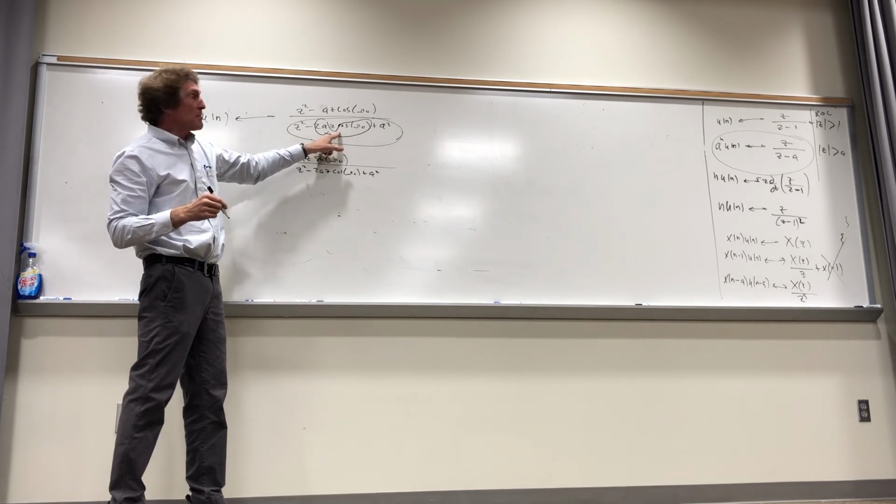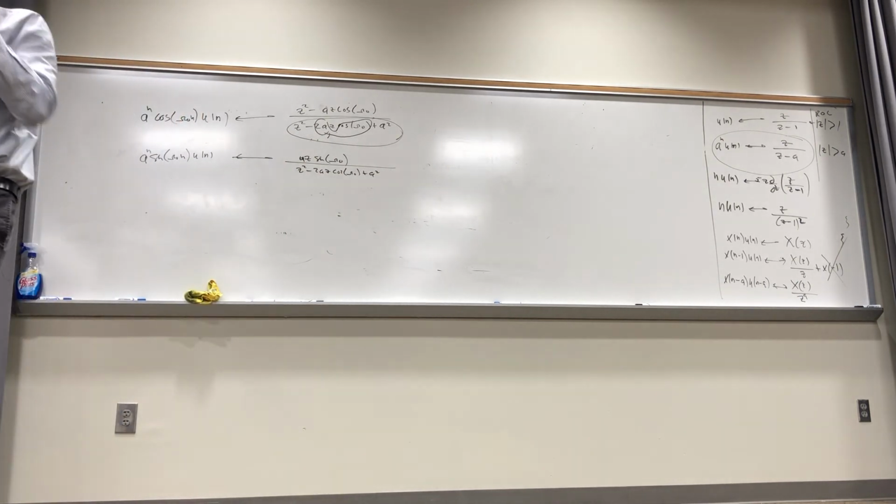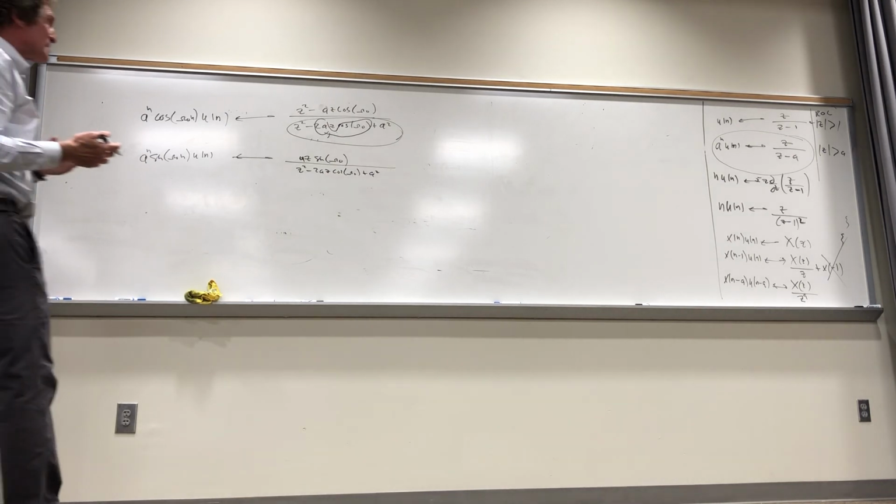Understand? That means cosine of omega naught is 0, and that means omega naught is pi over 2. Yes, it's 0 again at 3/2 pi, but always take the positive value that makes either the sine or cosine 0, in the first quadrant if possible, between 0 and pi. Don't add unnecessary complexity.